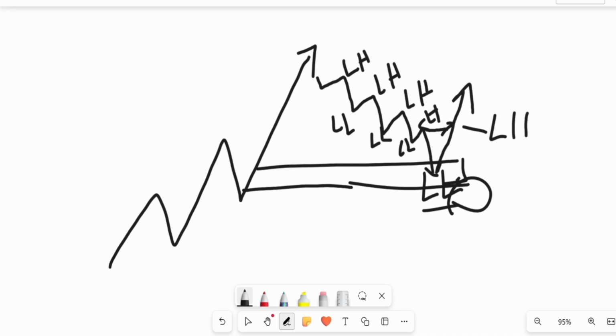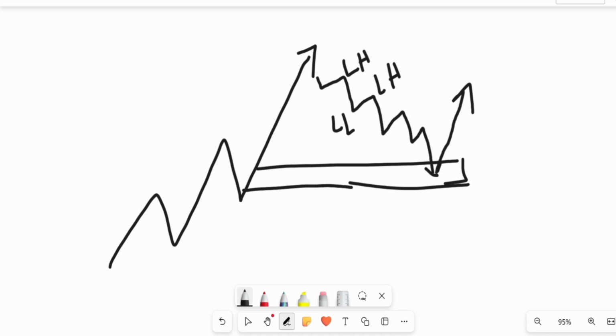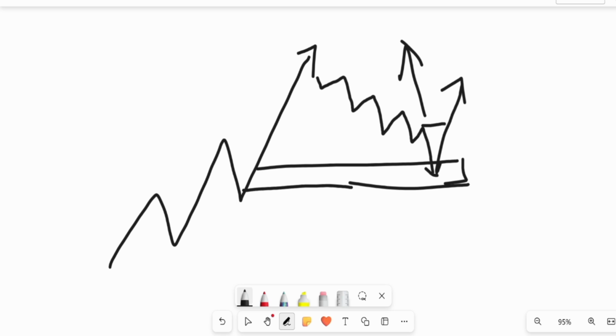Let me now draw a clear structure because you have understood. After this change of character, what do we do? Now you mark the last move that led to that break of structure. We call it a change of character, abbreviated as CHOCH.